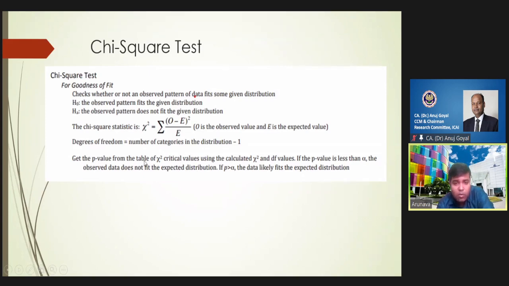We find the values from the chi-square table to match with the relevant degrees of freedom. The number of categories minus 1 is the degrees of freedom. So we find the chi-square value and the p-value corresponding to that chi-square value to confirm our goodness of fit.